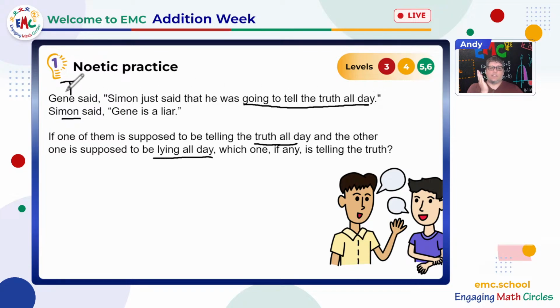But Jean just, as the truth teller, said he was going to tell the truth all day. So Jean must be a liar, but we just said he was a truth teller. So that's why it doesn't work.